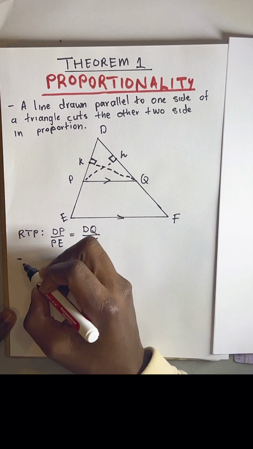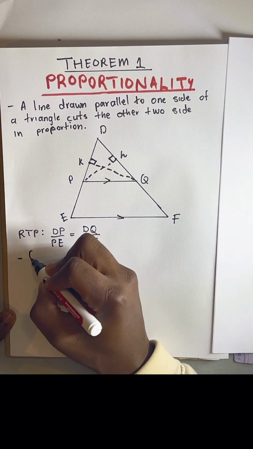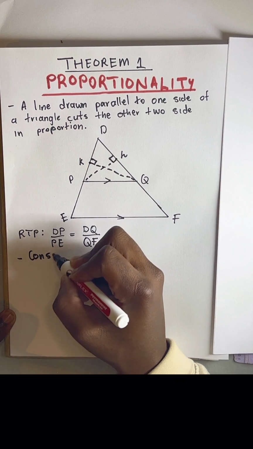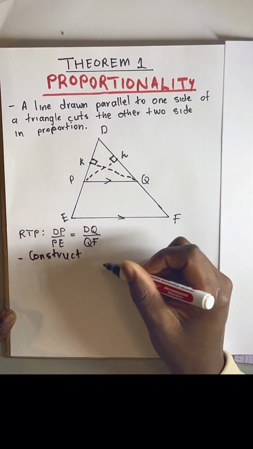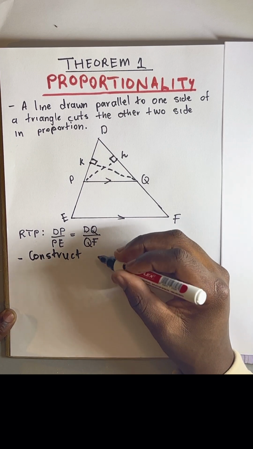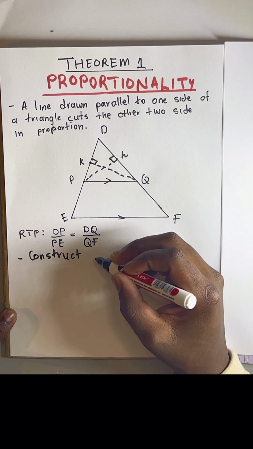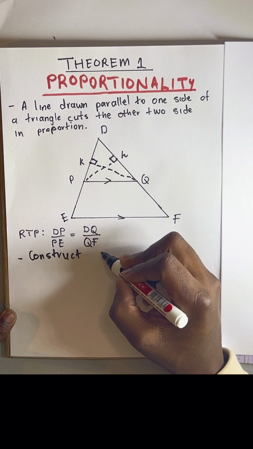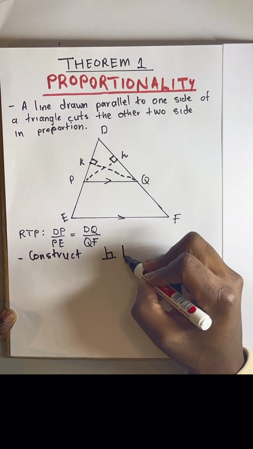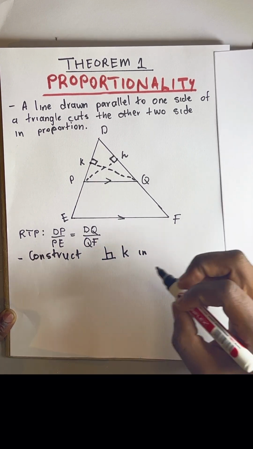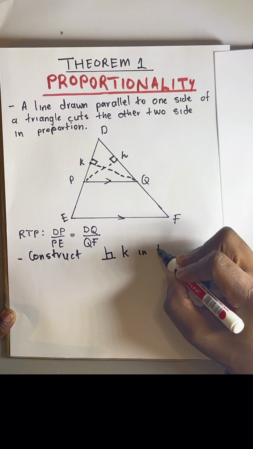You are going to say you construct your perpendicular height K in DP.